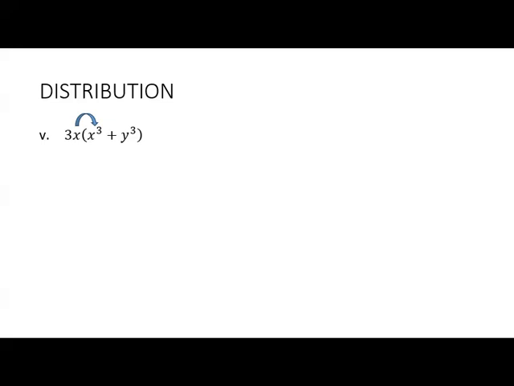Inside the bracket, you've got plus, and the second term is y cubed. You will take the 3x outside the bracket and also multiply it with that y cubed. As I've said, you will take 3x times x cubed plus 3x times y cubed.